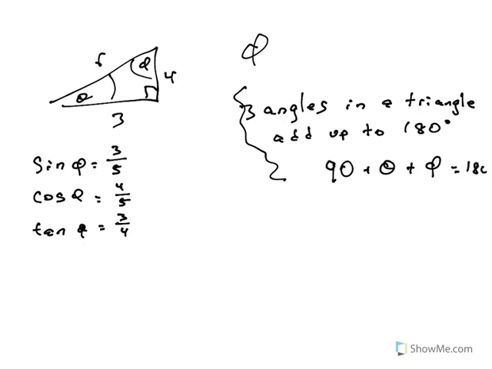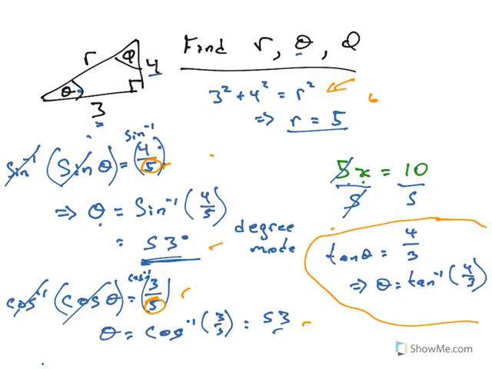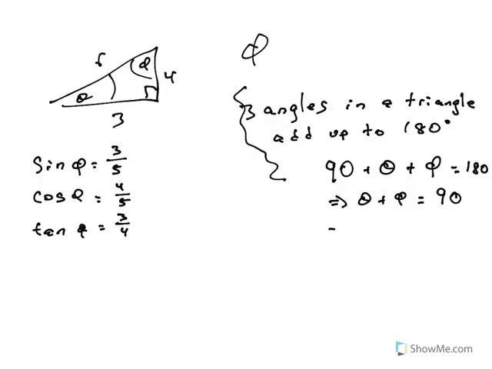This better be equal to 180 degrees total. So bring the 90 over to the other side. That says theta plus phi must be 90 degrees, 180 minus 90. Well, I already know theta from before. I just calculated theta. That's 53. So 53 plus phi is 90. So bring 53 to the other side. Phi then must be 90 minus 53, which is 37. And now I know my phi.